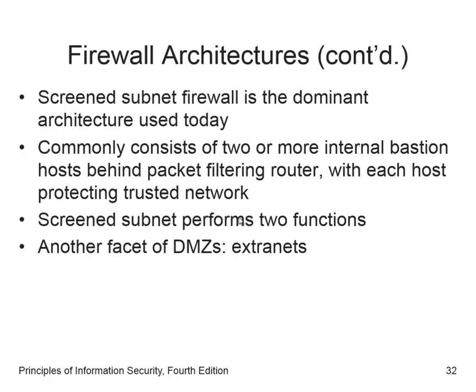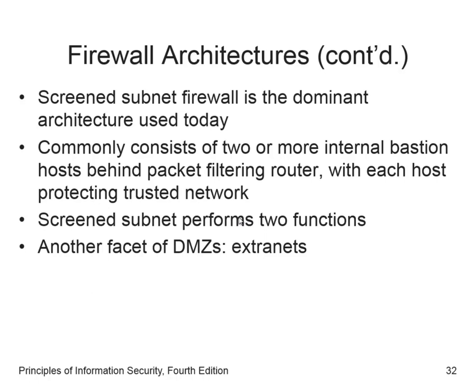The dominant architecture used today is the screened subnet firewall, which provides a DMZ, which can be a dedicated port on the firewall device linking a single bastion host, or it can be connected to a screened subnet. A common arrangement finds the subnet firewall consisting of two or more internal bastion hosts behind a packet filtering router, with each host protecting the trusted network.